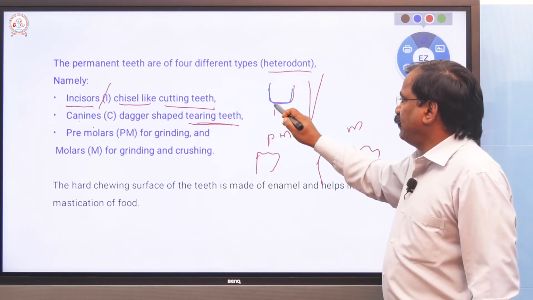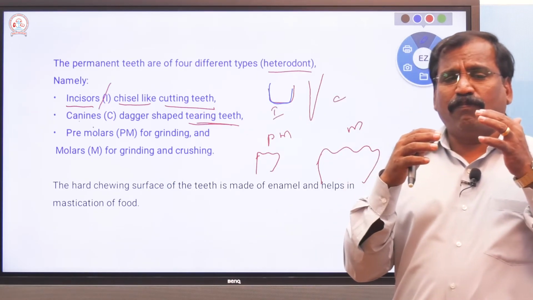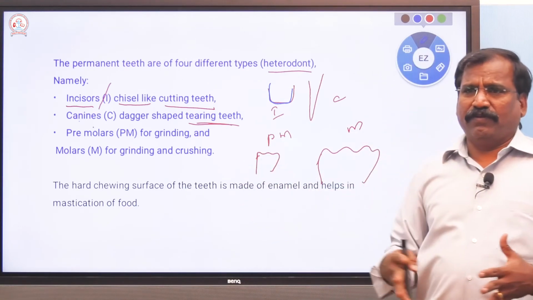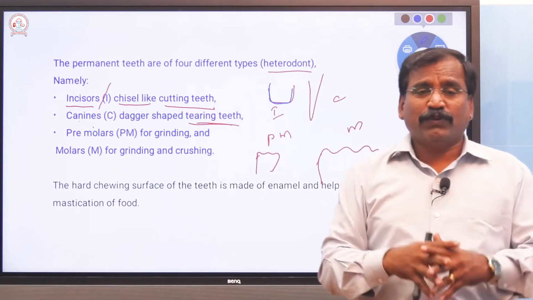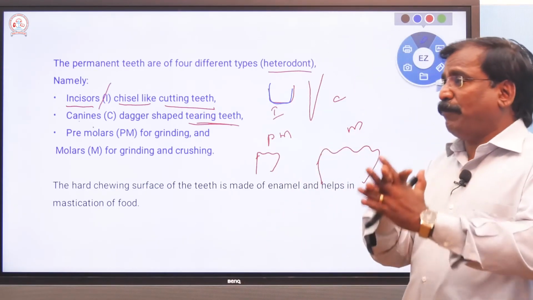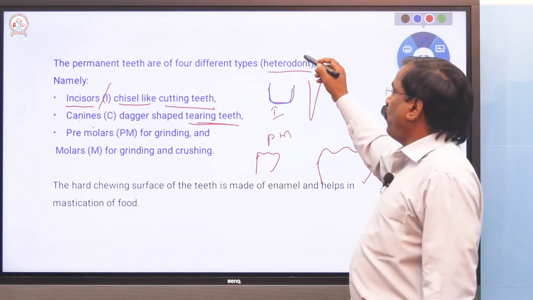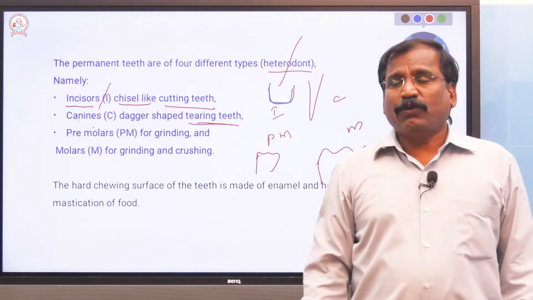This is the incisor and this is the canine. We possess different types of teeth, structurally and functionally different. The presence of different types of teeth is called heterodont. So what are the types?